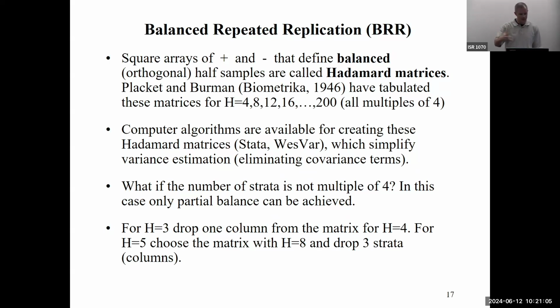That's the next best that you can do in terms of these matrices and partial balancing, and that's what the software is going to do to form the replicates. The drawback with partial balancing is that you still have some covariances between those sample replicates, so the variance is going to be a little bit larger than it should be, because those covariances will tend to reduce the overall variance.